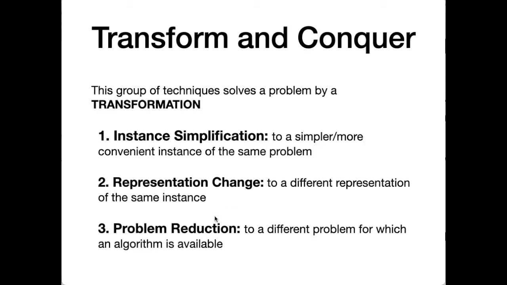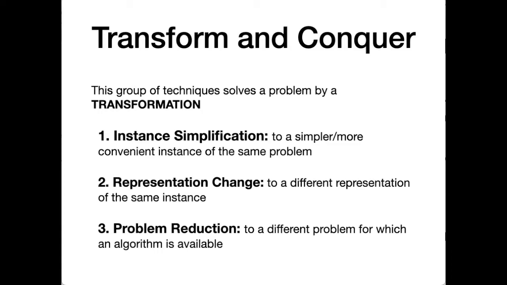And for the third one, we transform the problem to another problem, and then we conquer the second problem, wherein our problem is reduced. That's the problem reduction. I will give at least one example for each of these types of transformation.